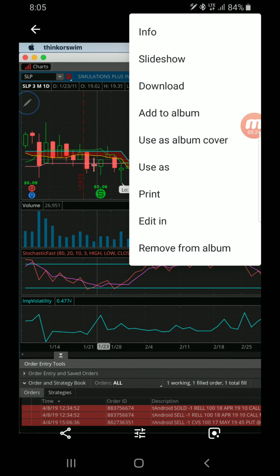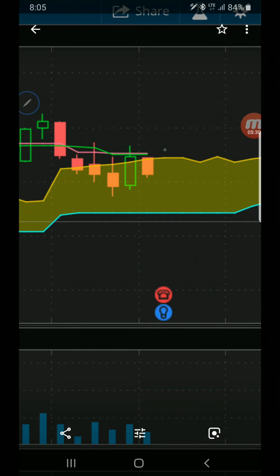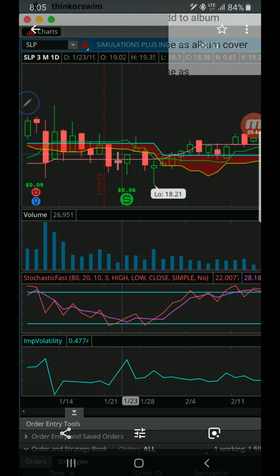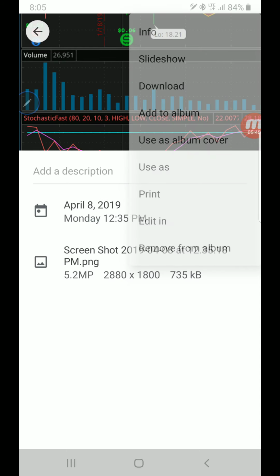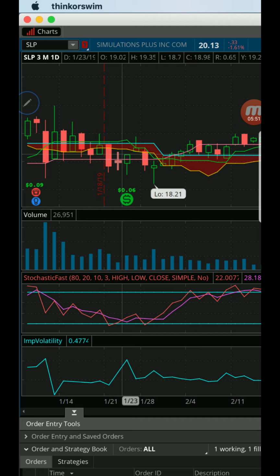SLP. I would say bearish on this one, even though it's a P. April 8th. So let's see if it closed for SLP since April 8th, if it's gone down from 20.13.